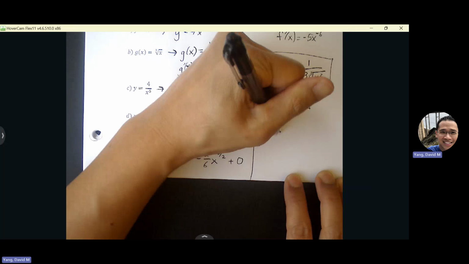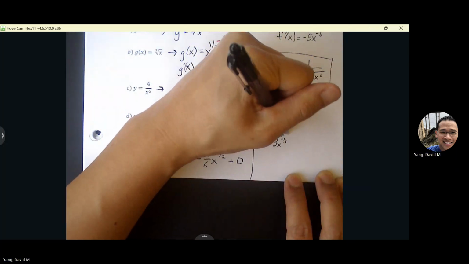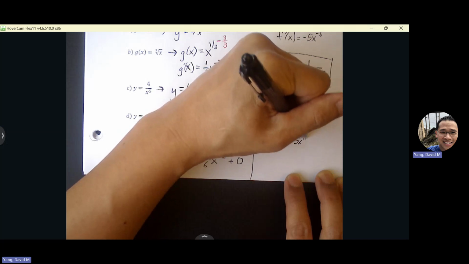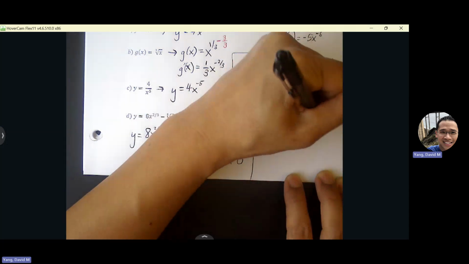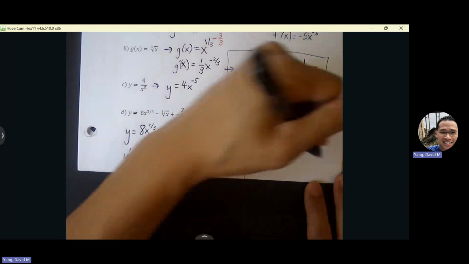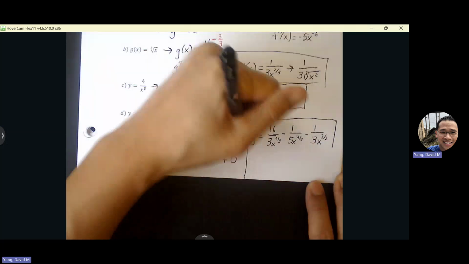So 16 over 3x to the 1/3 minus 1 over 5x to the 4/5 minus, you can leave it as 2/6, I'm just going to reduce if possible, so 1 over 3x to the 3/2. That's it.